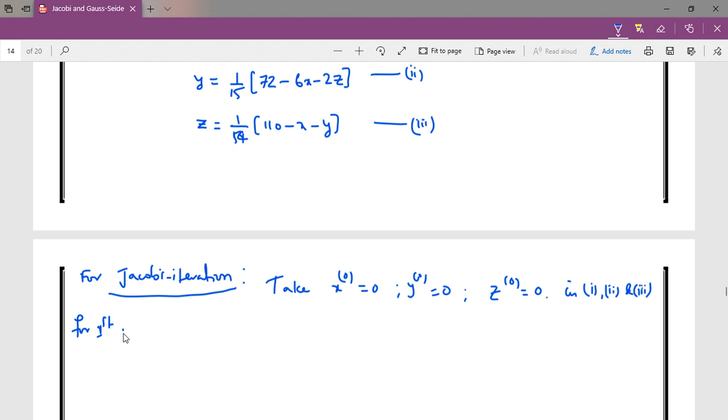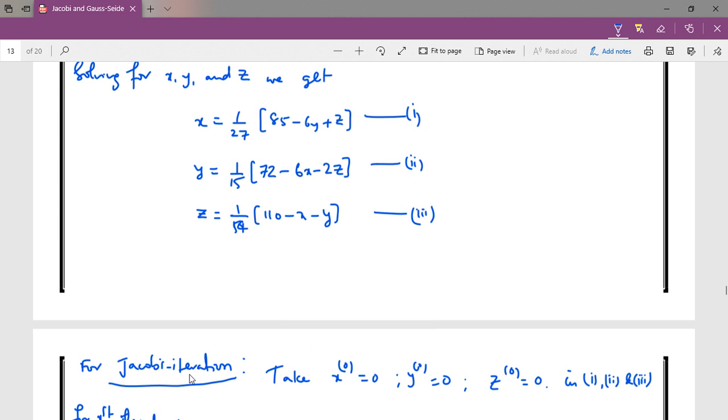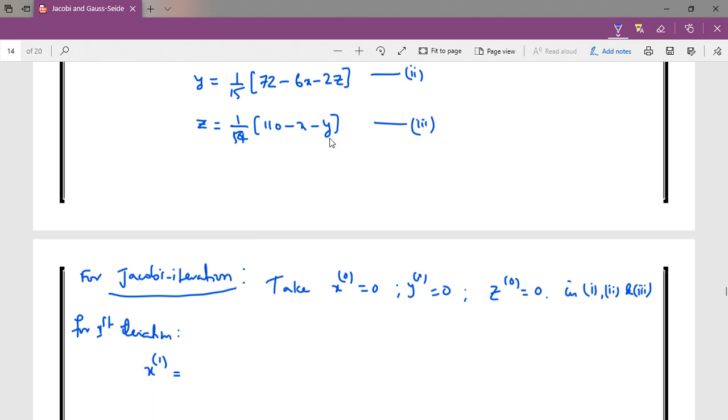For the first iteration, to get x1, we need to use y0 and z0.